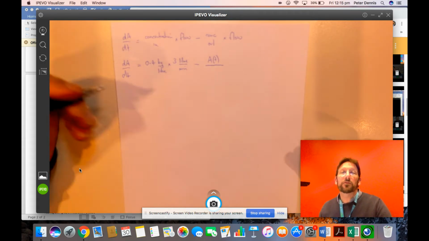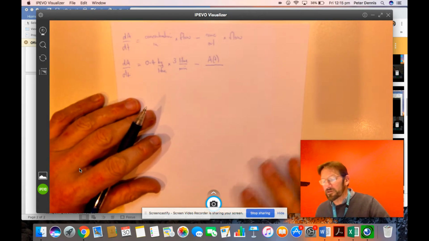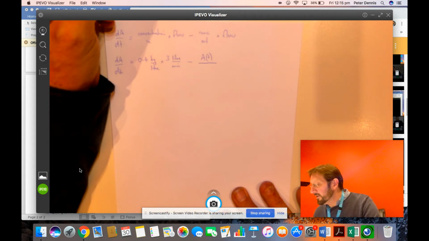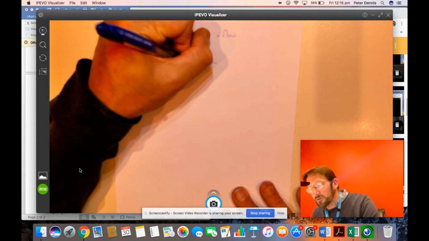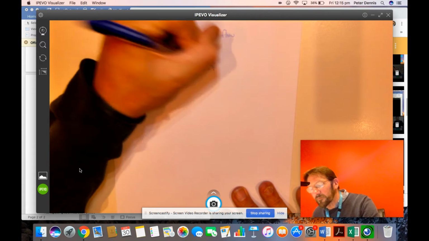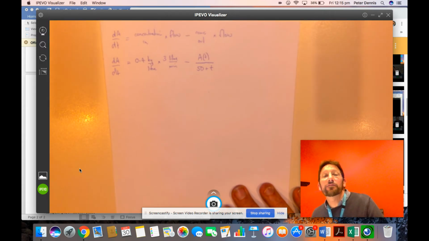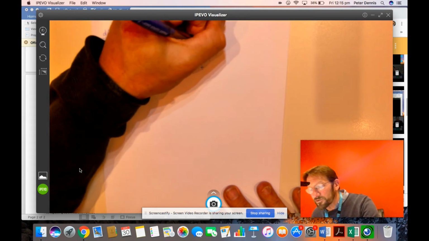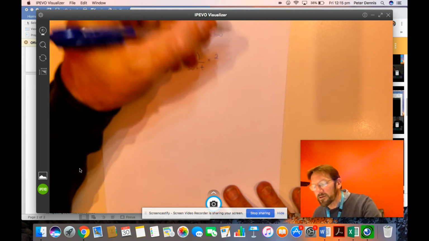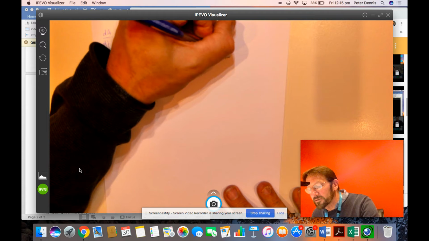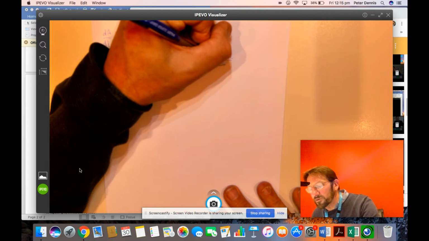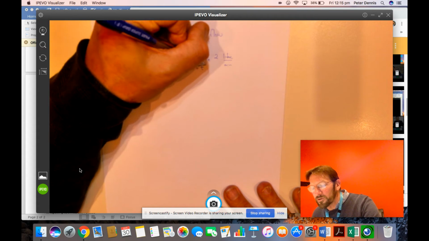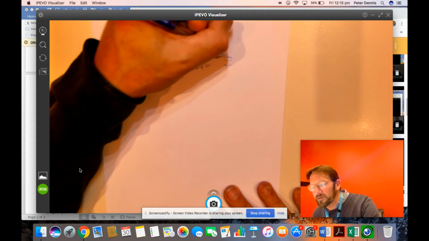Now, last time, if the volume doesn't change, that's nice and easy. But in this case, the volume's always going to be changing. It's going to be 50 plus 1t, times the flow, which is 2 litres per minute. And again, this is litres per minute, this is kilograms per litre, and they cancel out.